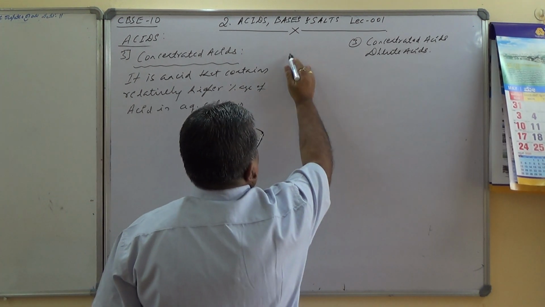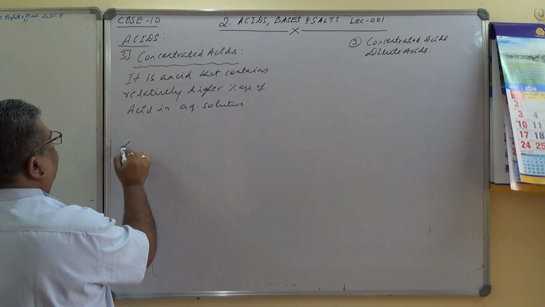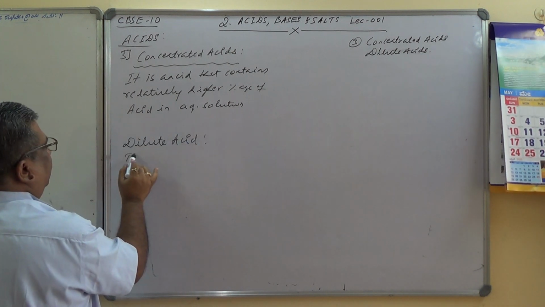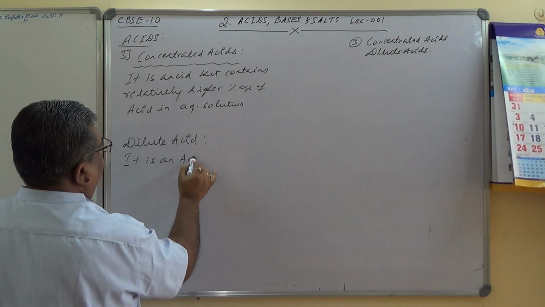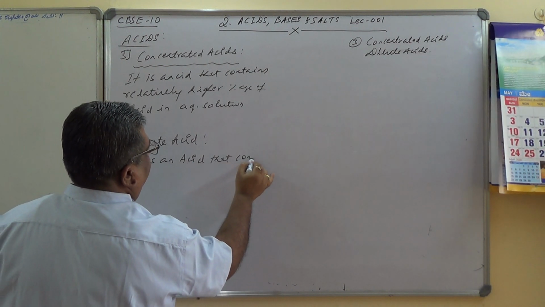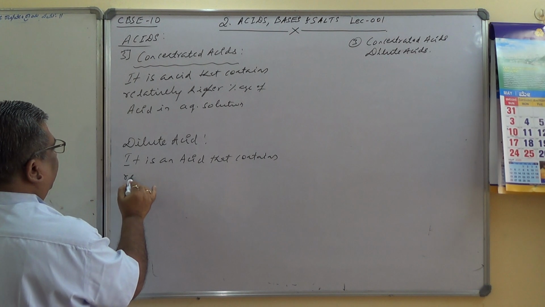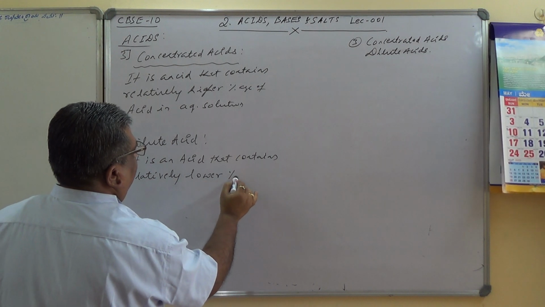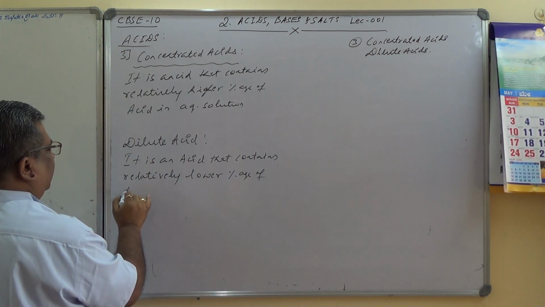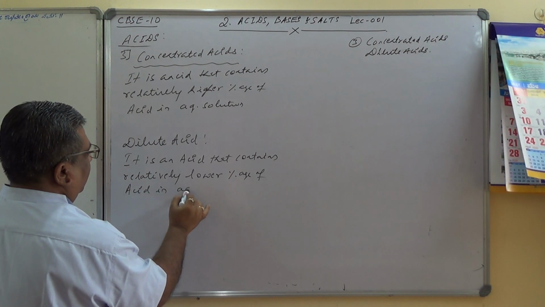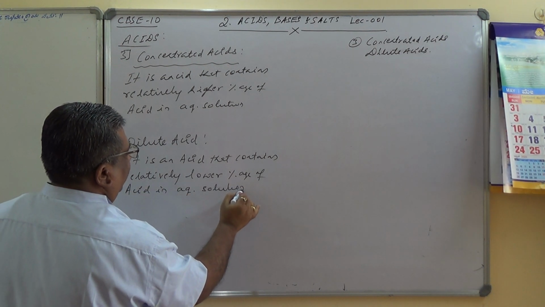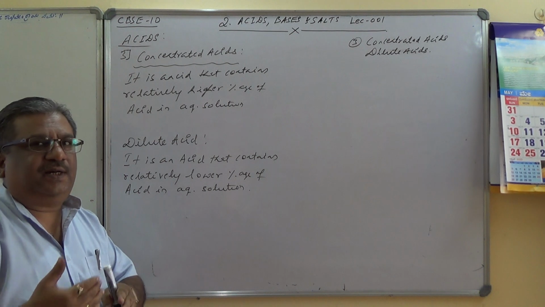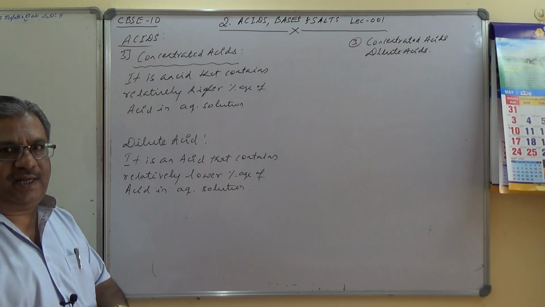Similarly, dilute acid is an acid that contains a relatively lower percentage of acid in aqueous solution. Whenever we refer to aqueous solution, remember that the solvent is water here. The major component of the solution being water, we call that solution an aqueous solution.